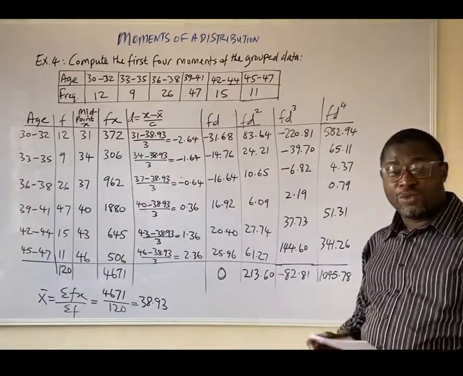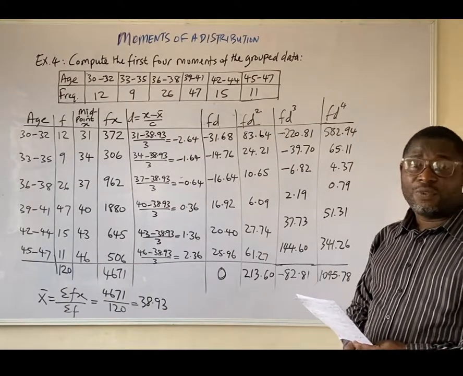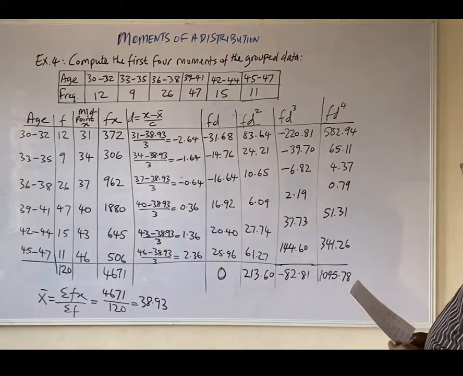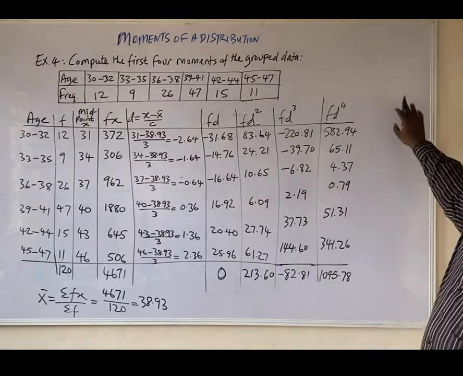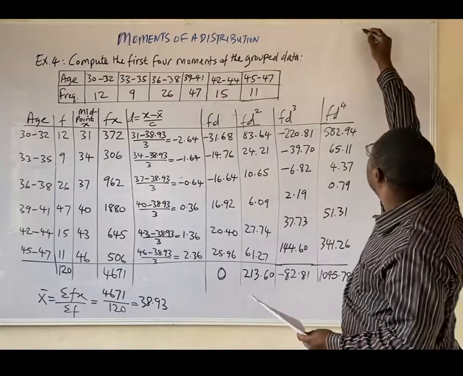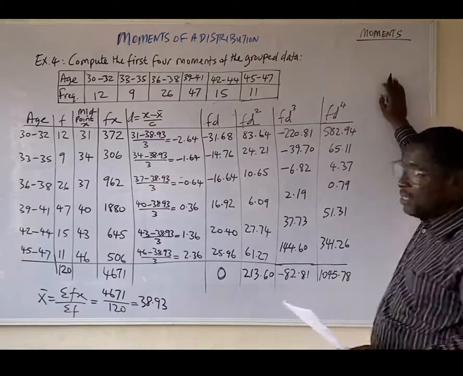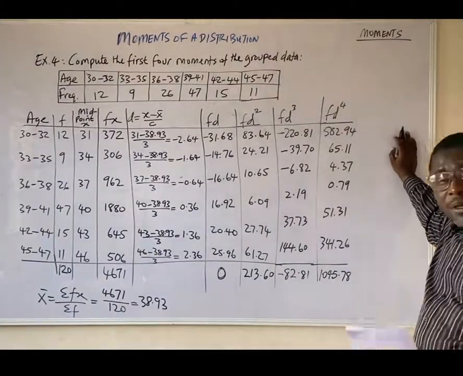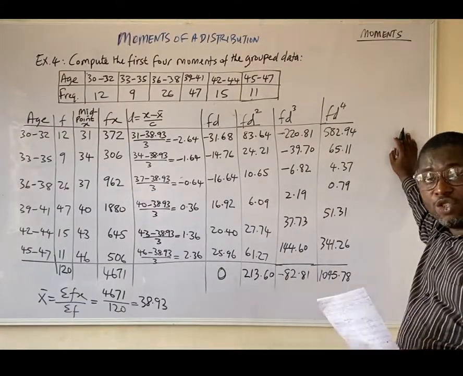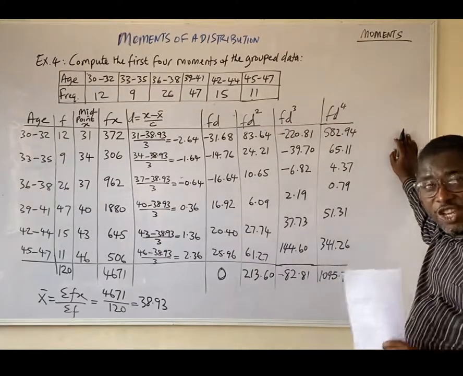What's the next thing we do to round up this class is to find the moments. I will need some space, but I'm going to manage this side of the board, so I'll come up here and put the moments. Now, to find the moments about the mean of a distribution for grouped data, our formula will slightly change.